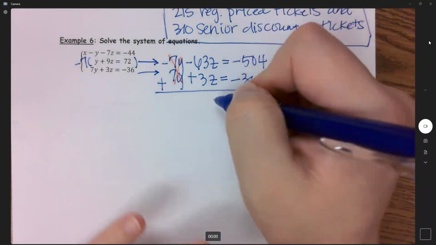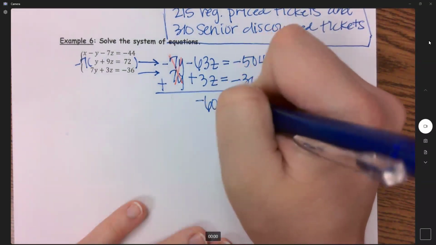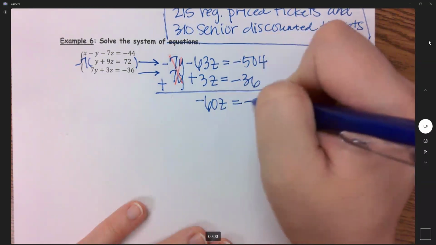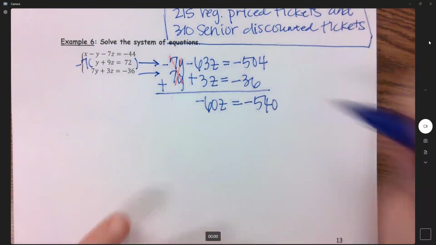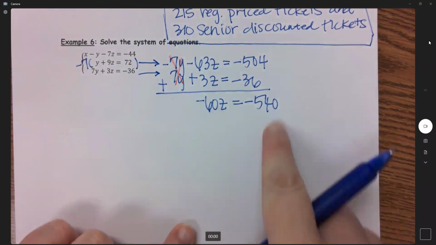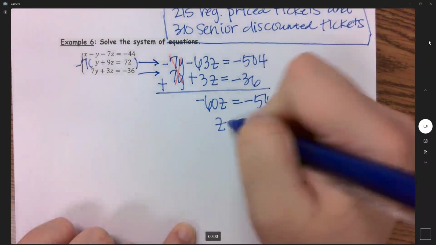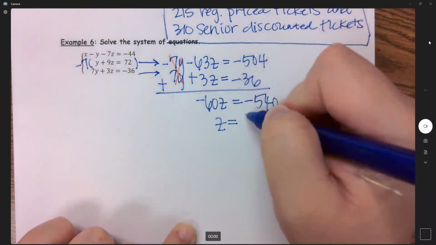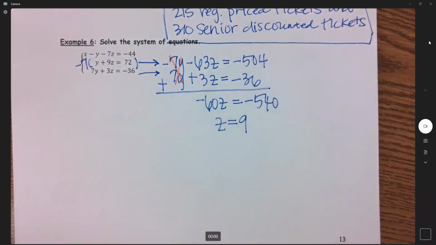We get -60Z equals -540. Divide by -60, and we get Z equals 9. So now substitute that back in to get your other variables.